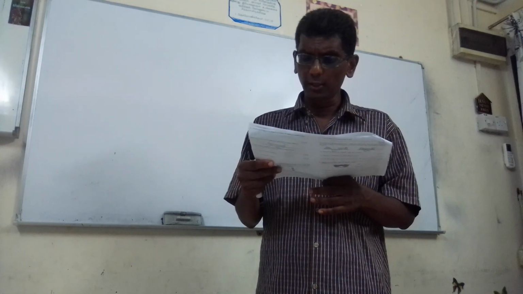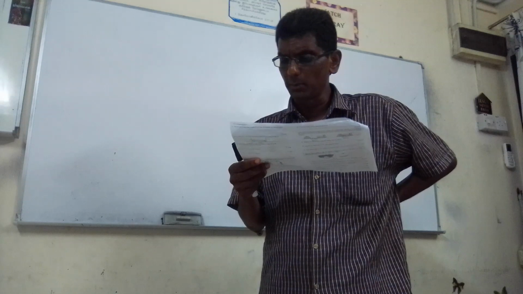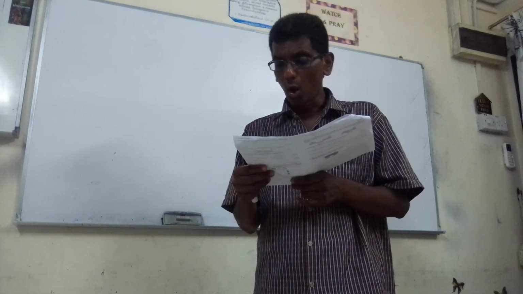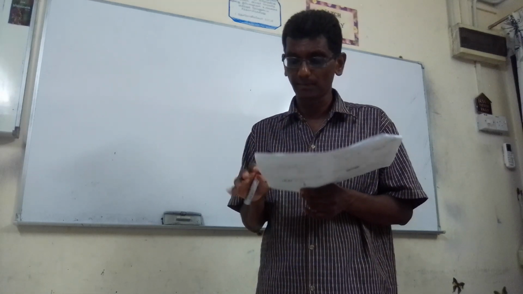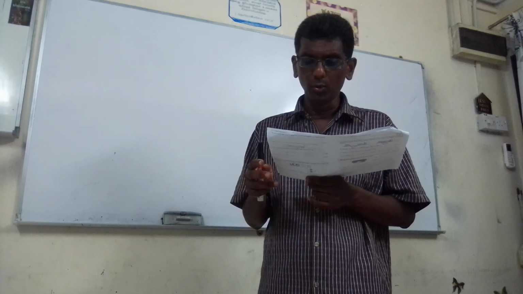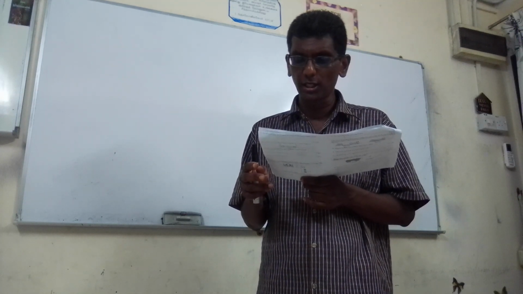Figure 2.1 and 2.2 show two identical boxes P and Q on a frictionless surface. Oh, there's no friction on the surface. Each has a mass of 5 kg, each being acted on by two forces, 20 Newton and 4 Newton.